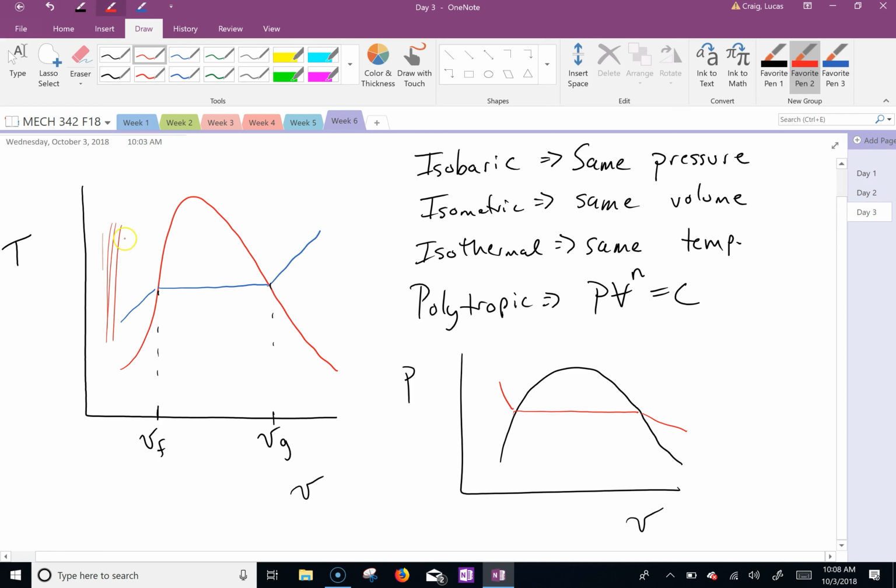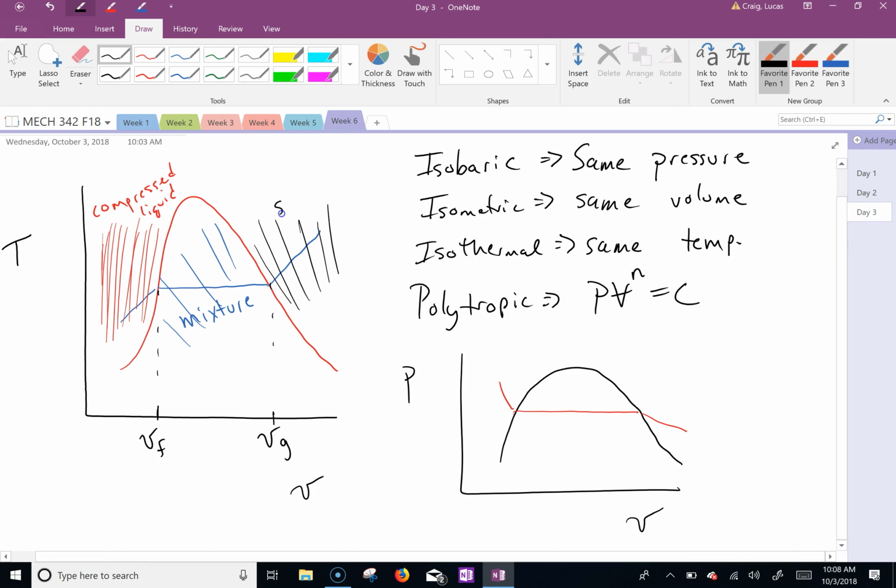This line on the left, or the left side, is compressed liquid. The middle section is a mixture, and I'm going to make sure you understand. Over here, it's either a superheat, a vapor, or a gas.